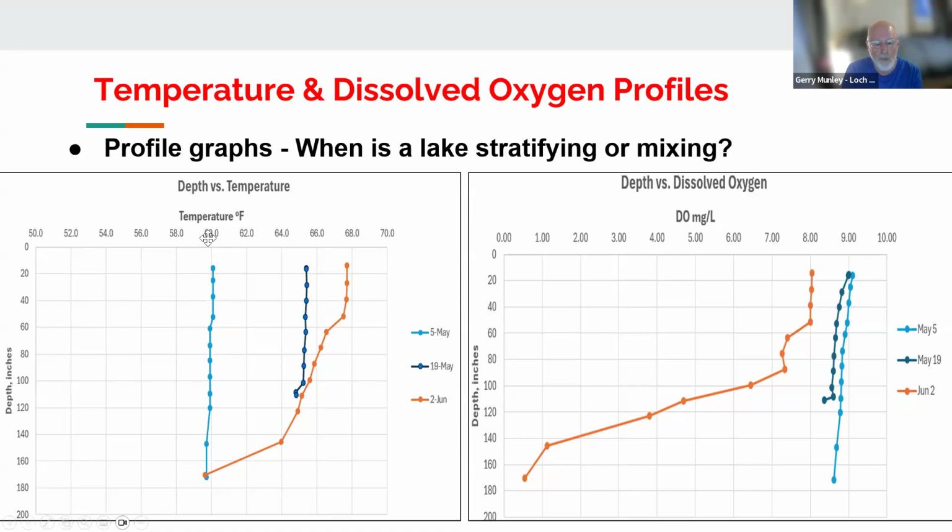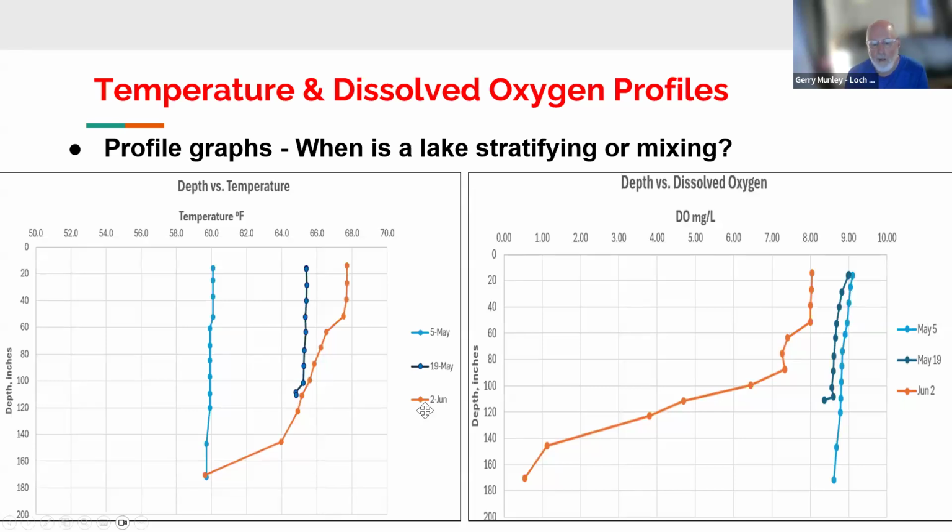Similarly, in the second week of May, May 19th, and by June 2nd, when this was taken, already you're starting to see this stratification of temperature, about a 7 or 8 degree change from the top of the lake down to the bottom.